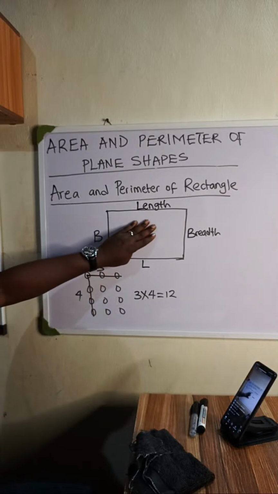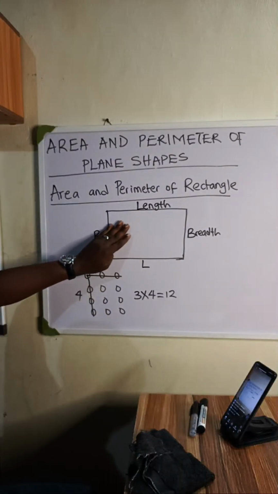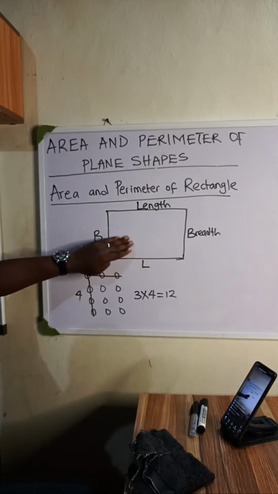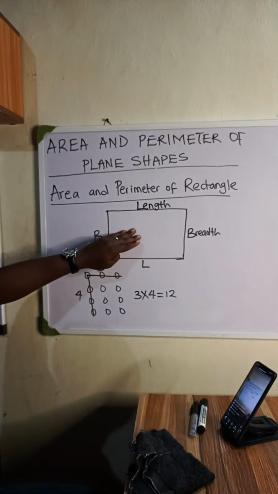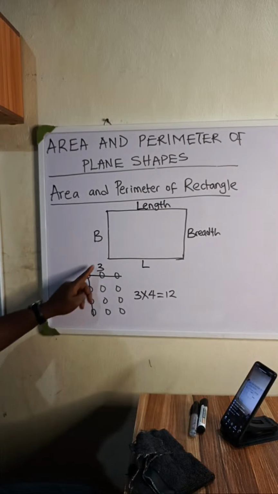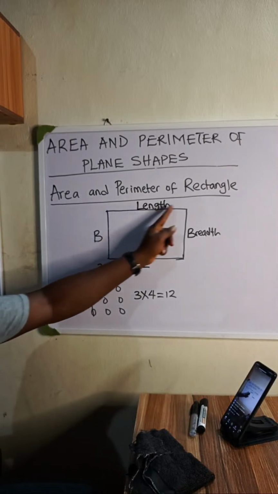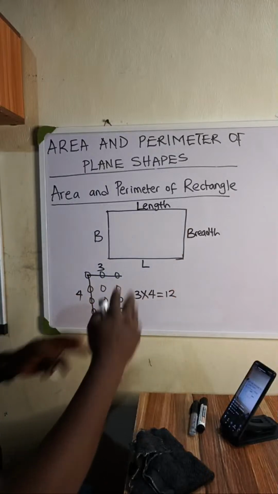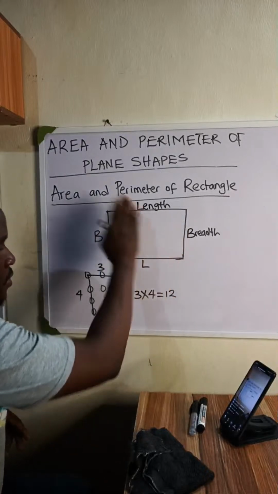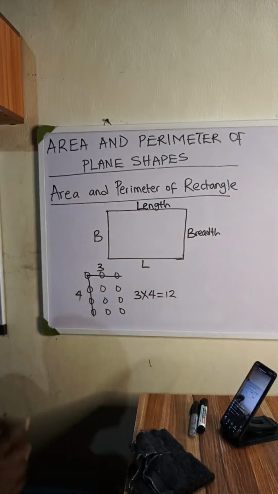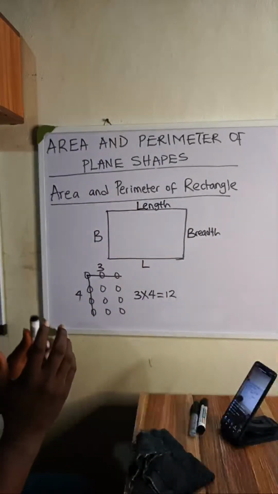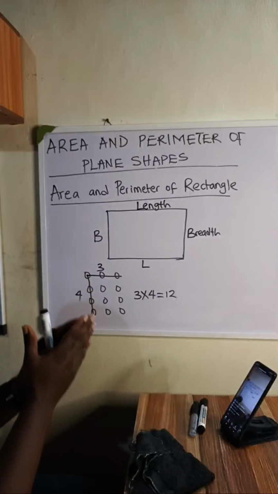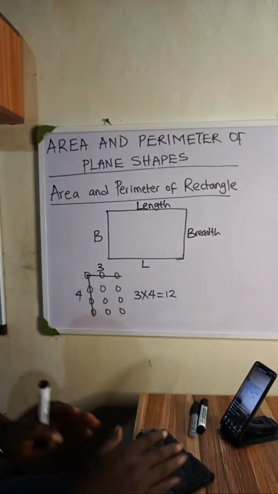So the same thing applies here. If you are told to calculate the entire space in this rectangle, you can apply this method. Once you know this side and this side, and you multiply them, you will get the entire space. That is why the area of a rectangle is length multiplied by breadth.